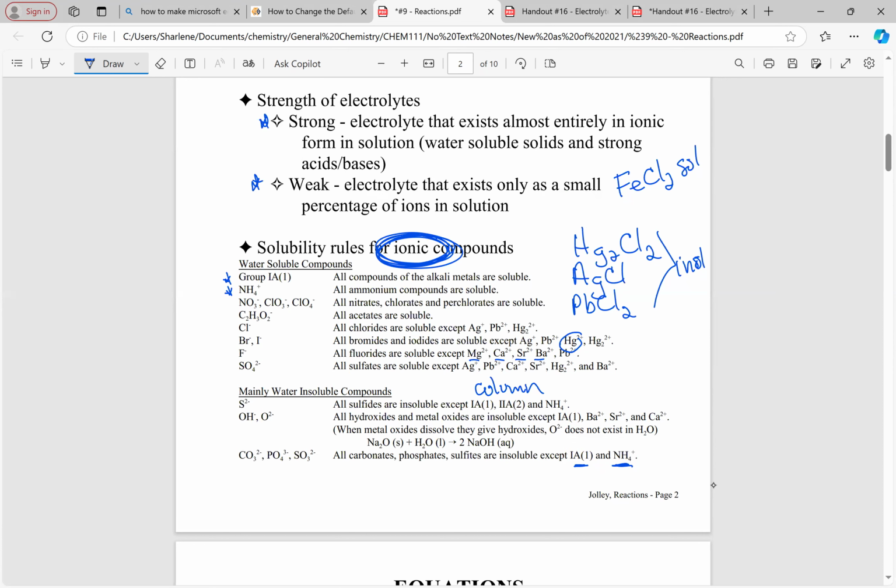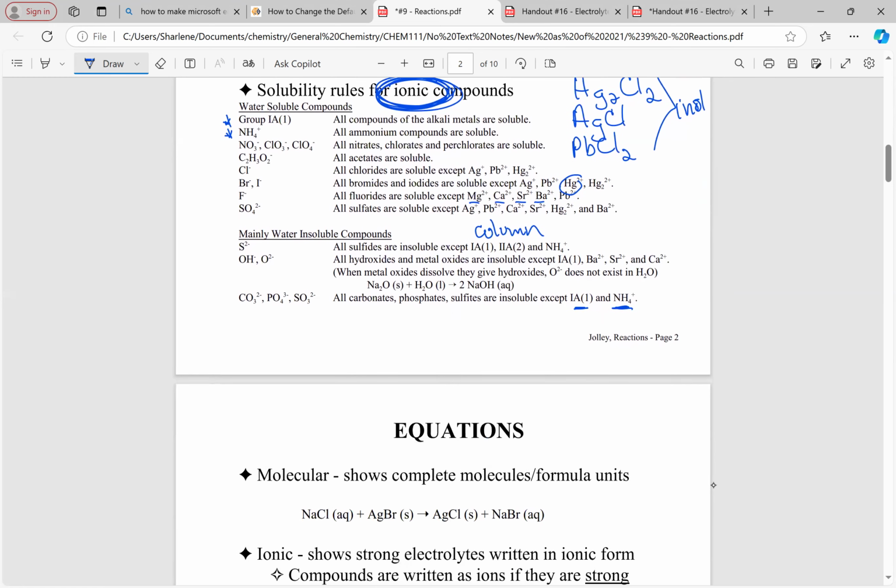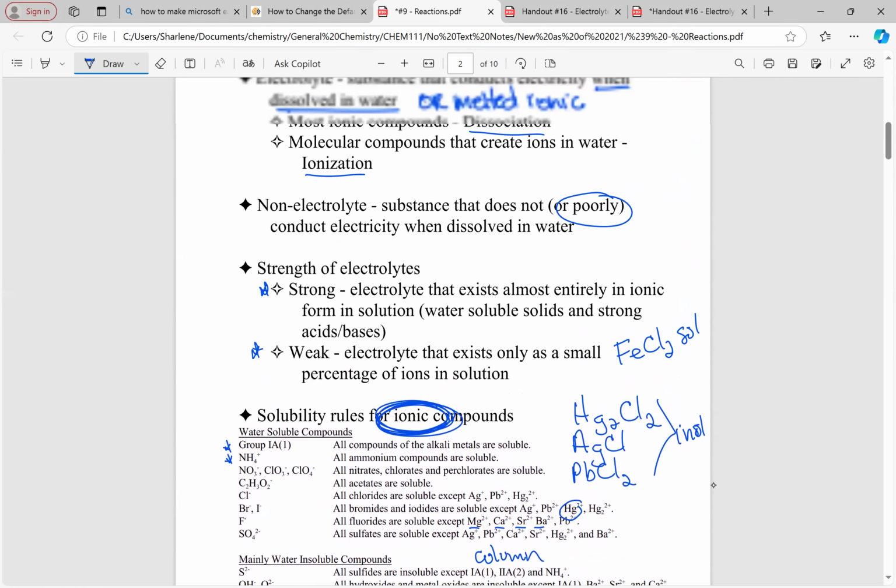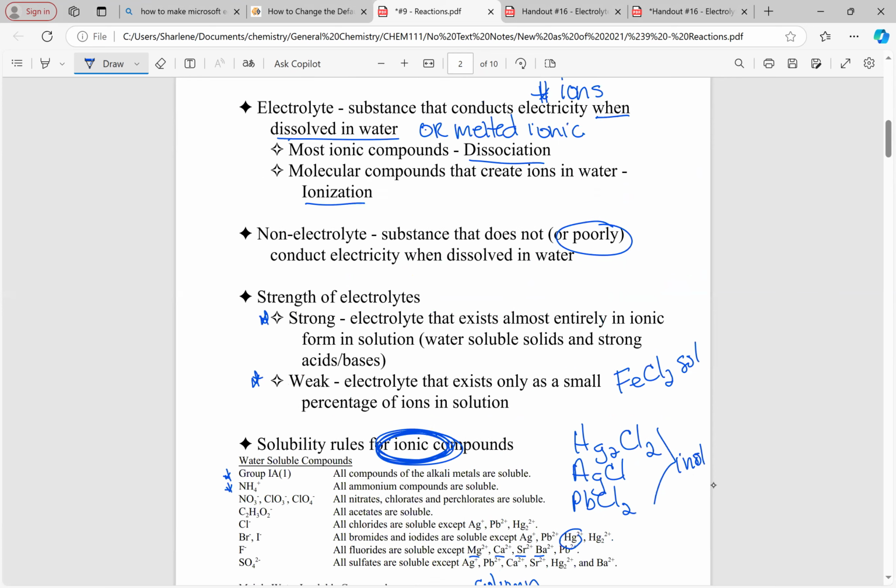For molecular compounds, though, there's only going to be two. So molecular compounds are acids and ammonia. All others are non-electrolytes. And the only strongs are the 6 strong acids.